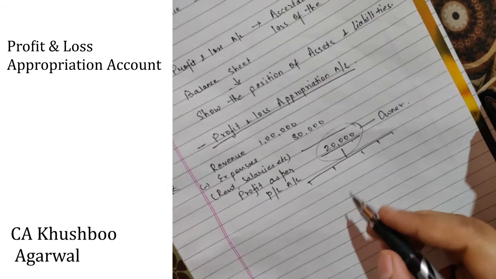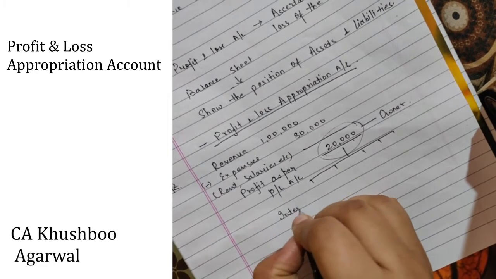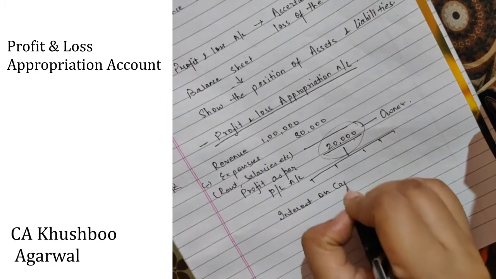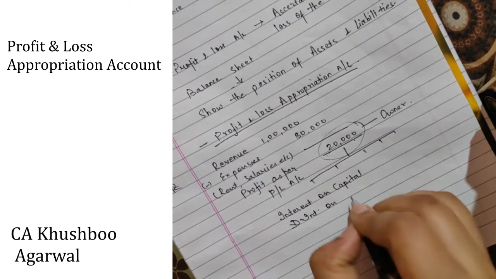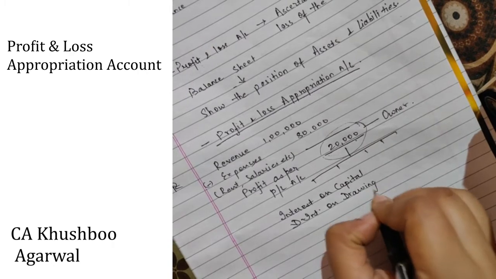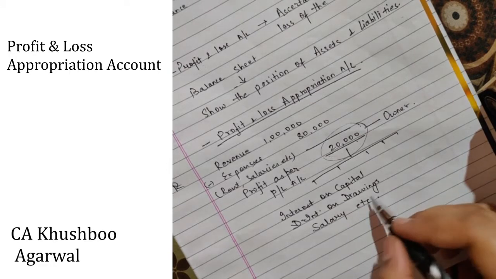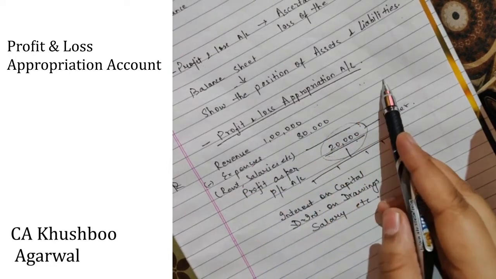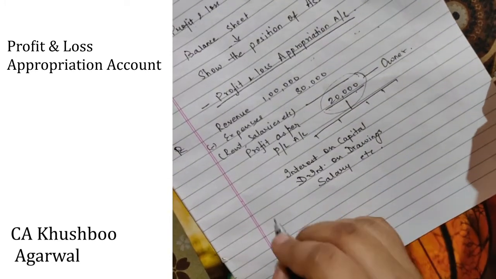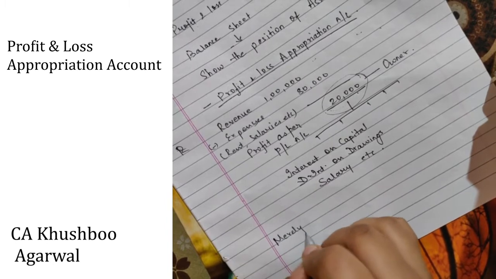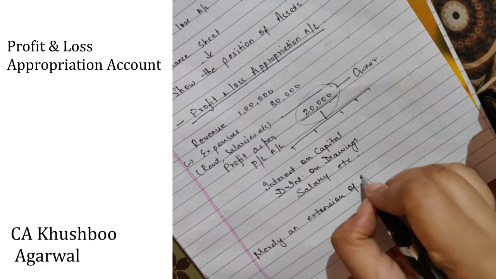All the payments that will be made to the partners in the form of, say, interest on capital, interest on drawings, salary, etc., are recorded in the profit and loss appropriation account. So we can say that profit and loss appropriation account is merely an extension of the PL account.